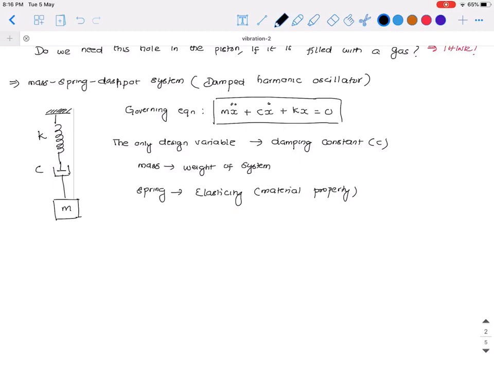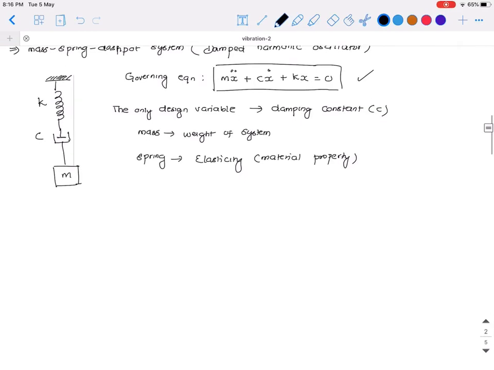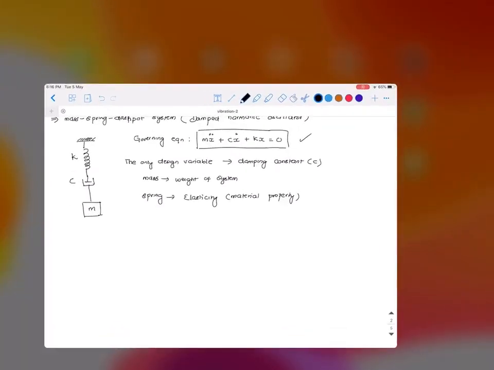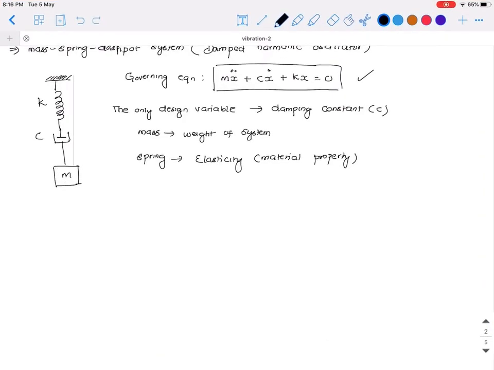Okay, so how do we solve this differential equation? Again, it has an exact solution that you know already. I'm going to write directly; refer to your ODE course for the details. So from this governing equation, the characteristic polynomial is given by m alpha square plus c alpha plus k is 0.